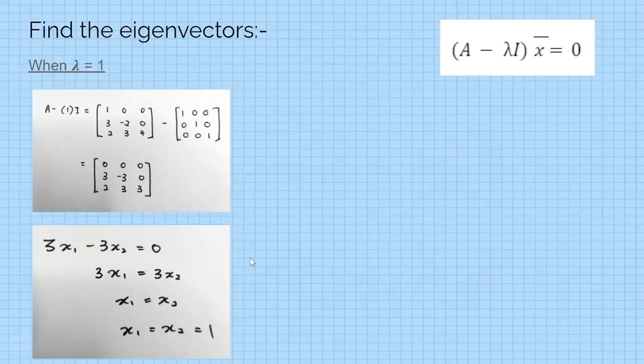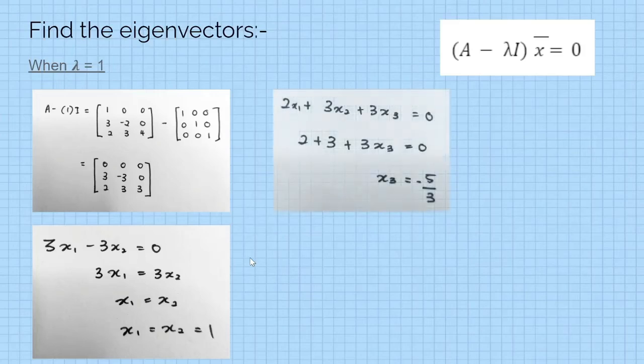After that, we try to find the value for x3. According to the third row, 2x1 plus 3x2 plus 3x3 equals 0.